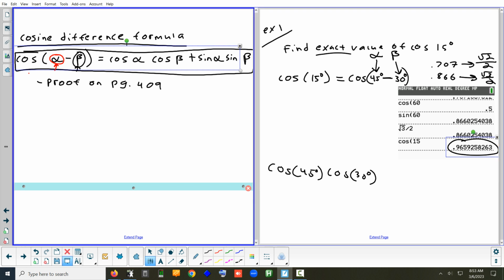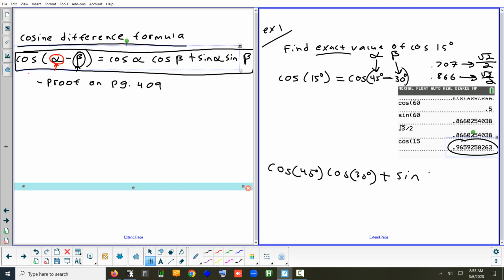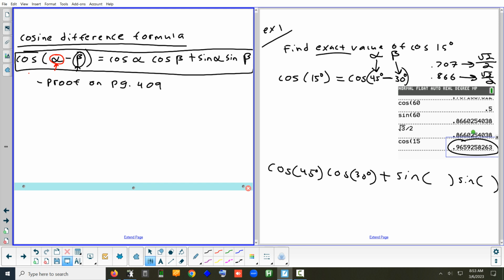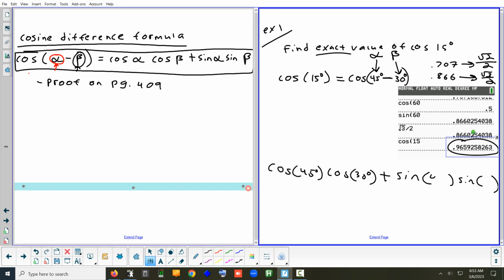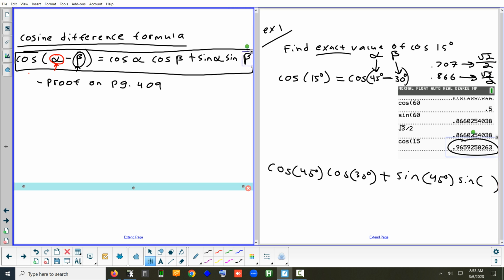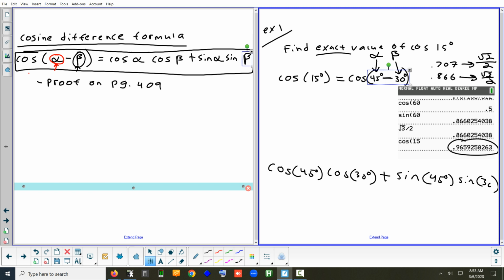Cosine 30 plus sine of the first angle, 45 again, and then the sine of my second angle, 30. So any questions on how we took this? I would have put it right underneath, but I didn't have enough space.